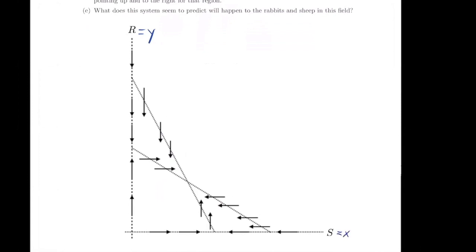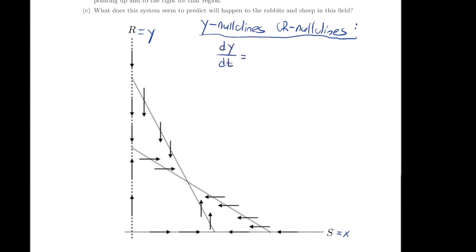So let's just review. For us, this really means R null clines. But recall from last time that these occur when the equation for Y, or in this case R, is 0.